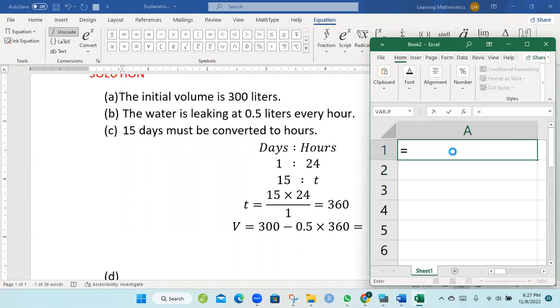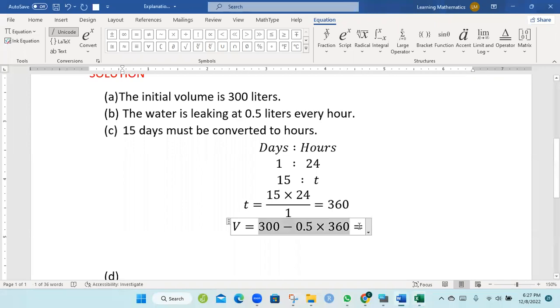Type equal, paste. That's 120 liters. After 15 days, 120 liters will be left in the container.